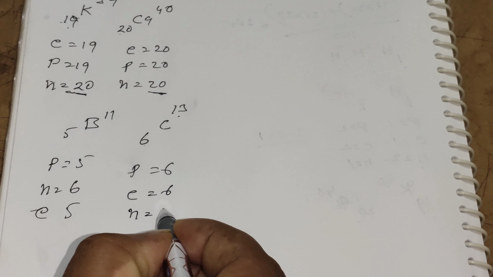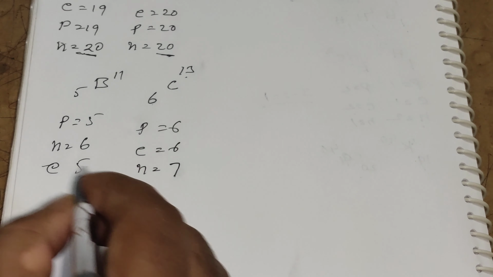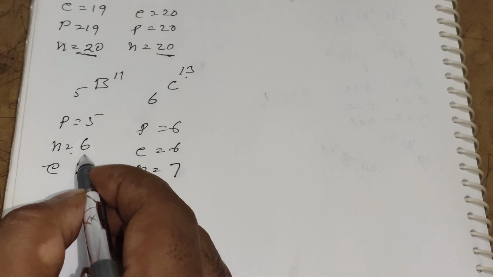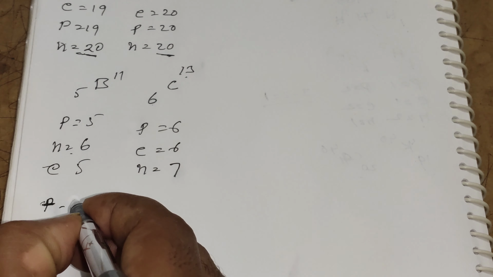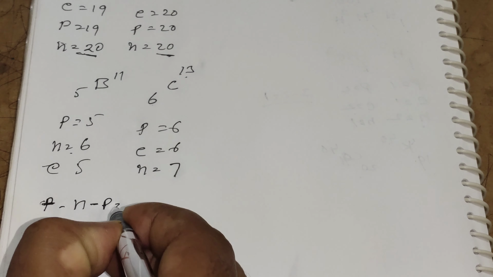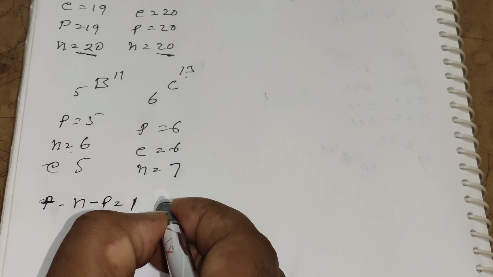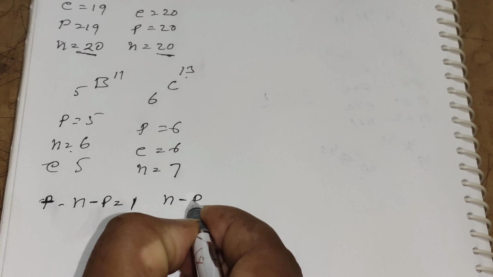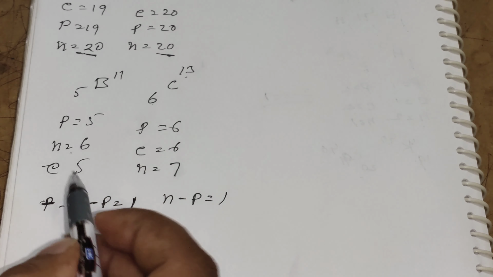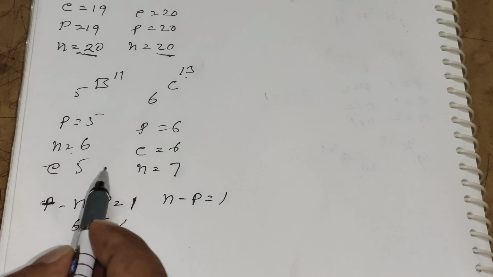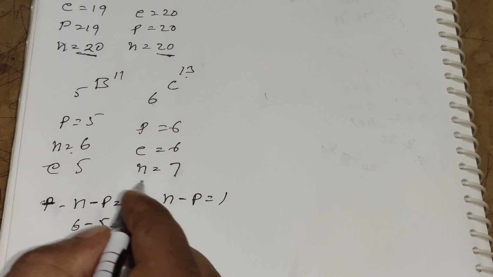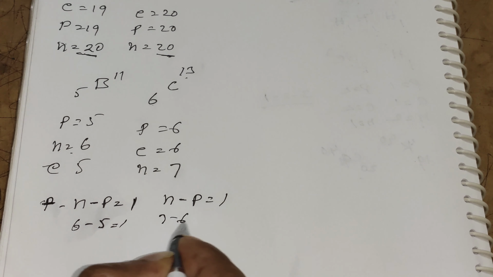Now here the difference between the number of neutrons and the number of protons is only 1, and here also the difference is only 1. In boron, the number of neutrons is 6 and the protons are 5, and 6 minus 5 equals 1. Whereas in carbon-13, the number of protons is 6 and the number of neutrons is 7, so 7 minus 6 equals 1.